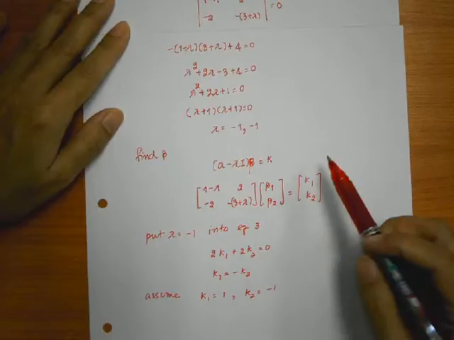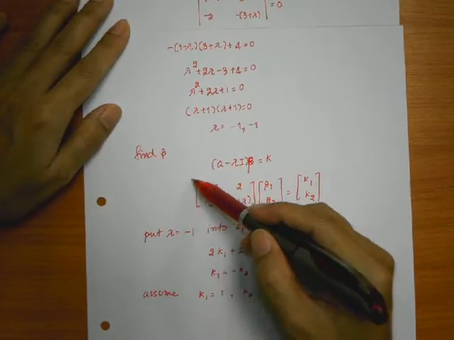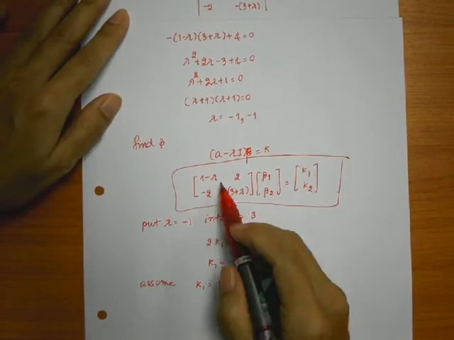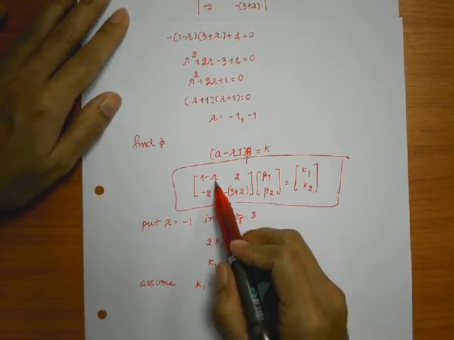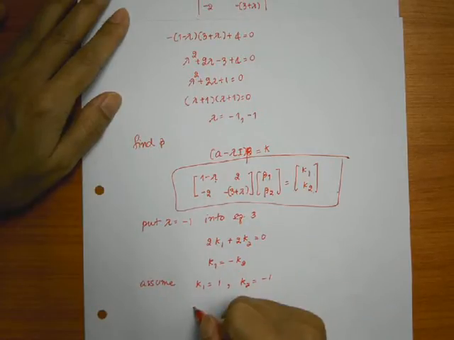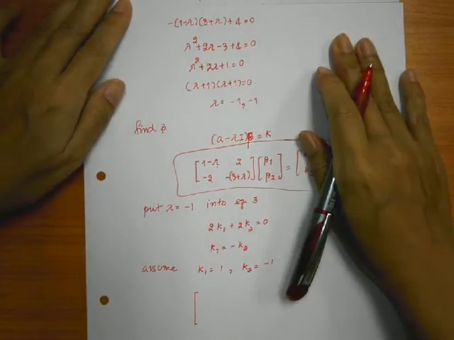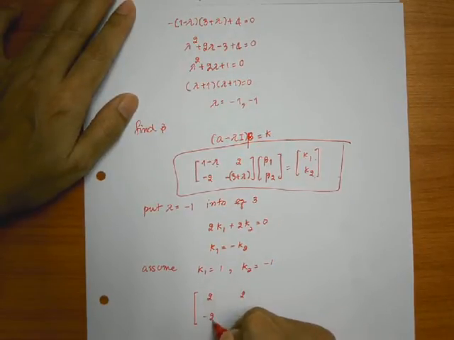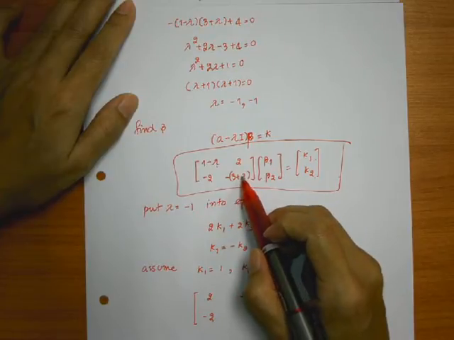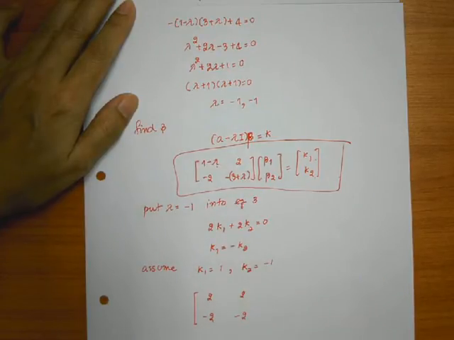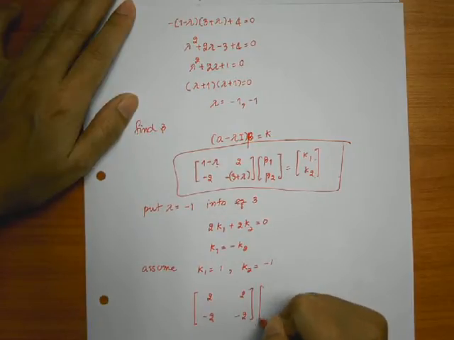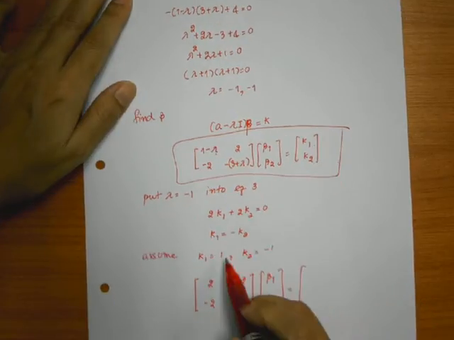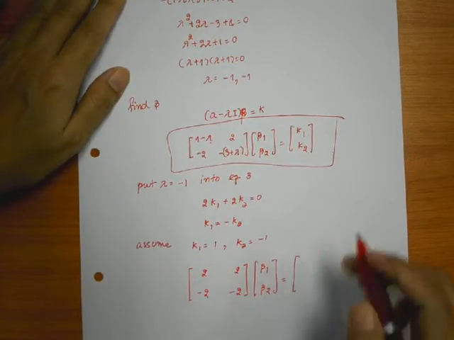And then we put K1 and K2 into this relation to find beta. And here we know our lambda, right? Our lambda is equal to minus 1. So we get another matrix, which is 2, 2, minus 2, and minus 2, since lambda is equal to minus 1. And then beta 1 and beta 2 is equal to K1 equal to 1 and K2 equal to minus 1.